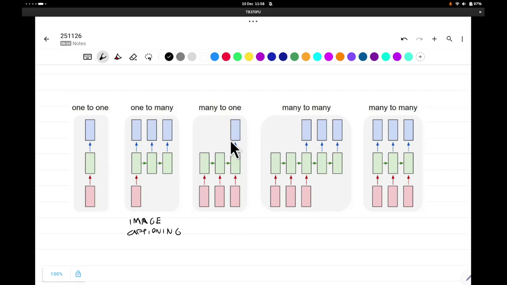So this could be sentence classification. For example, you have a natural language text, and you want to just classify whether that is sad or happy content, or inappropriate content, or whatever. It may not depend on a specific word, so it has to analyze the whole thing as a sequence.